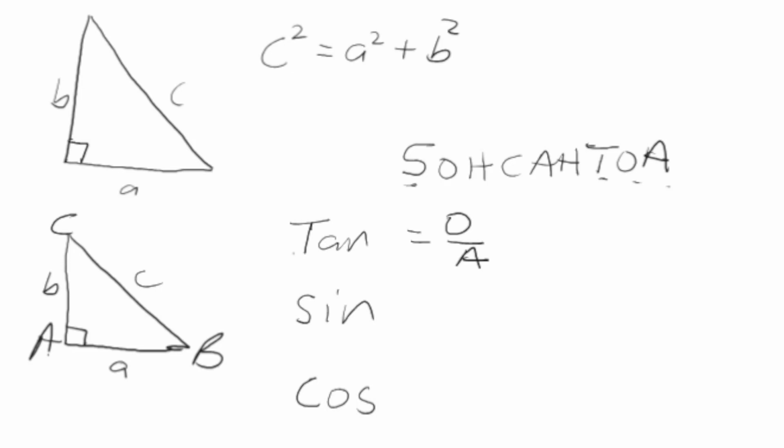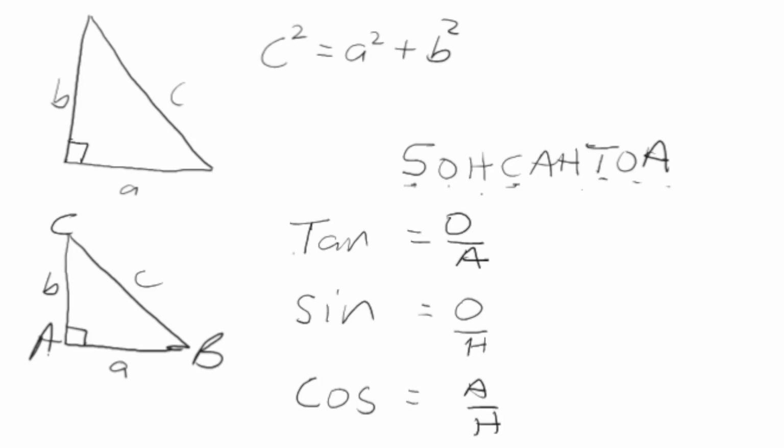Sine is equal to opposite over hypotenuse. And cos is equal to adjacent over hypotenuse. So these are the basic trig ratios that we've talked of, and these are the things that you need to remember.